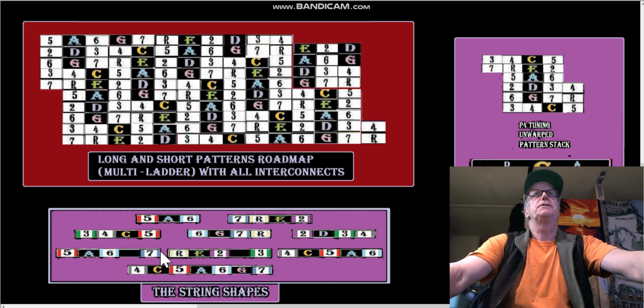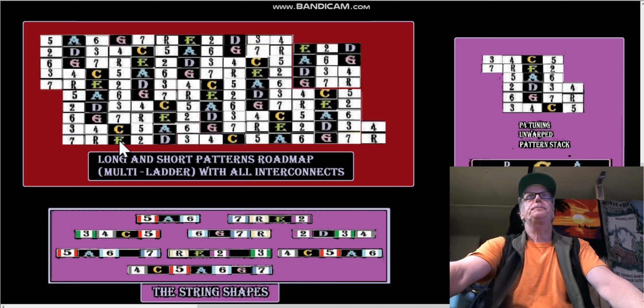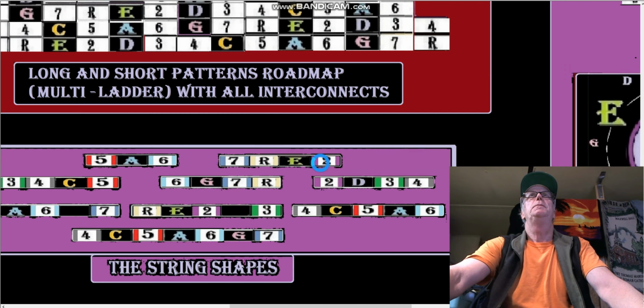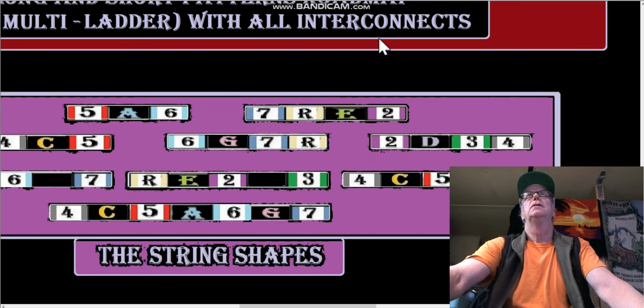And of course, these are the string shapes. Okay, the string shapes surround the letters, and the letters have a black background because they're the virtual accidentals in the key of C. And on those accidentals, I actually wrote the letter of the string shape. So the E string shape would be here. Okay, the A string shape is here.